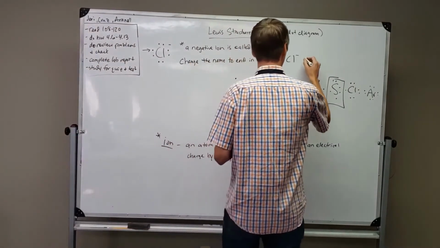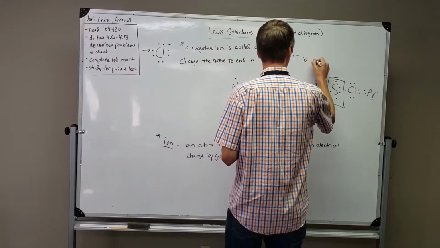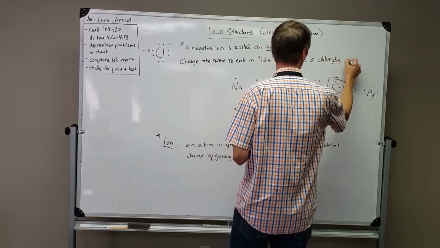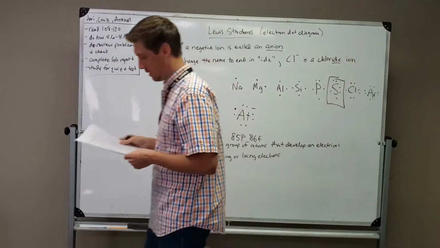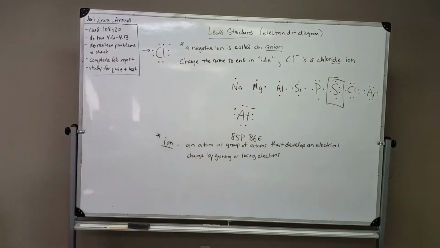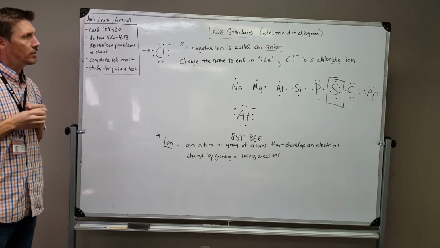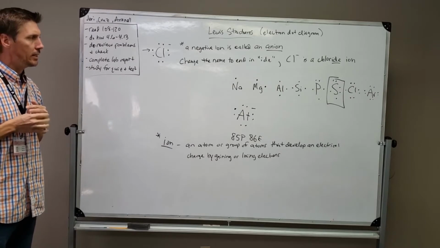Cl minus is a chloride ion. Not a chlorine ion, a chloride ion. That's only for anions. It's only for ions that have a negative charge. We change that suffix at the end to be -ide.